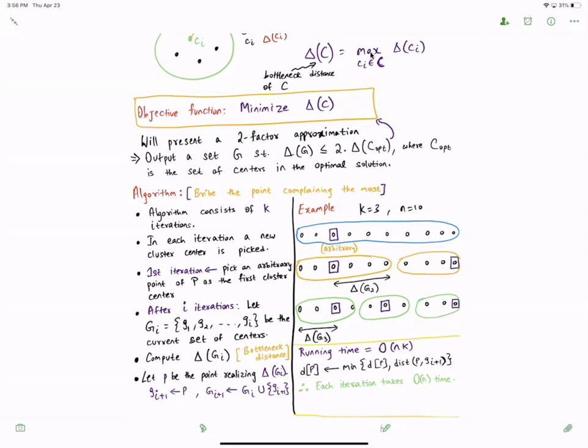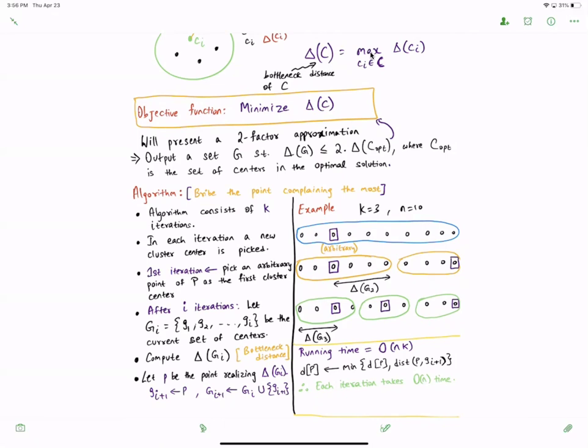So in the second round, because the rightmost point is complaining the most, we make that the center now. That's what is shown here in the figure. Now we have two centers, and every point decides which is its closest center and goes there.